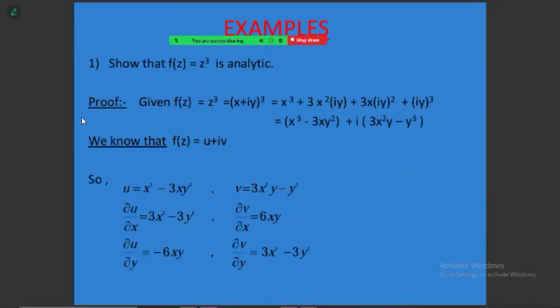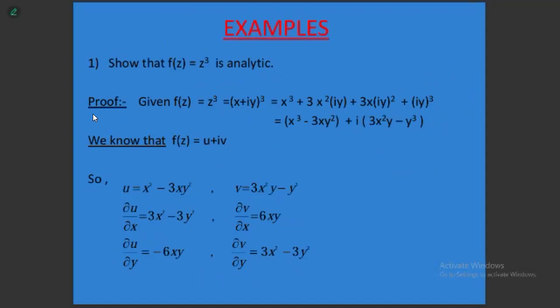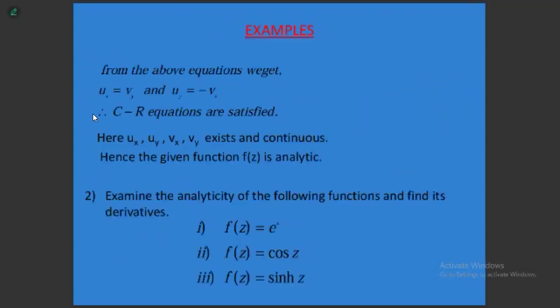So it satisfies: u x is equal to v y and v x is equal to minus u y, and this is satisfied. So f of z is equal to z cube is an analytic function. From the above, we get that the CR equations are satisfied, the partial derivatives of u and v exist, and since it is a polynomial, this function is continuous.